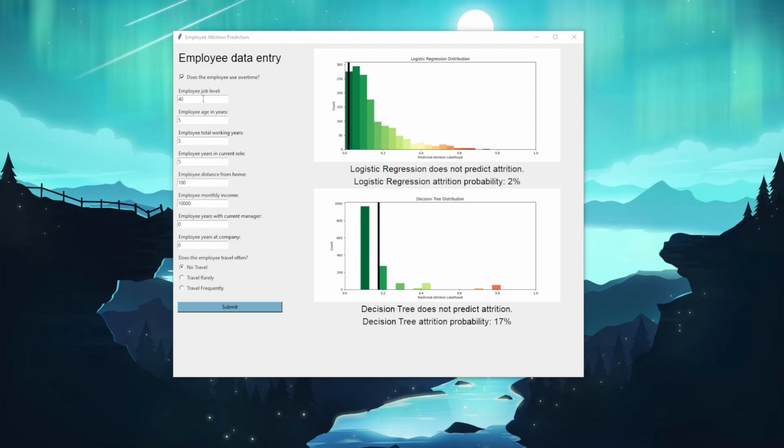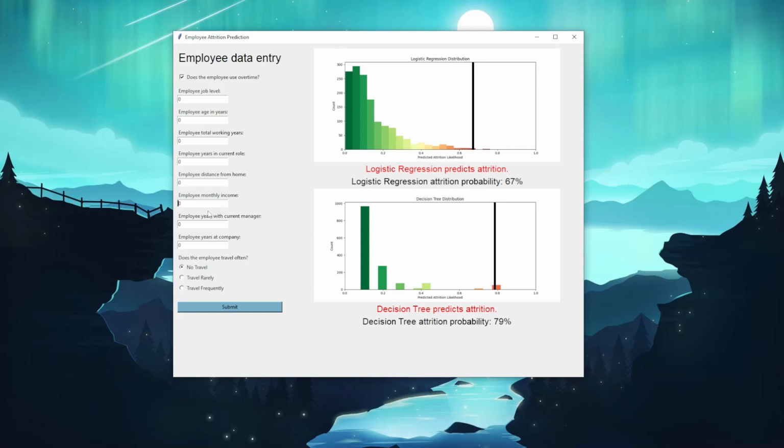So what we can do is start out with a very, very simple input. We'll put in all zeros, and then we'll simply say that the employee uses overtime. And you'll see that this is a very, very high chance of attrition predicted by both models. Both models put this hypothetical employee in the very far right of this graph, which means they're in the highest attrition range.